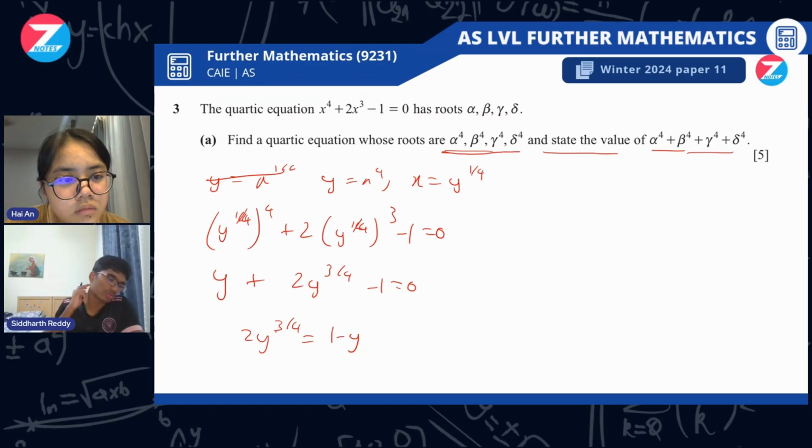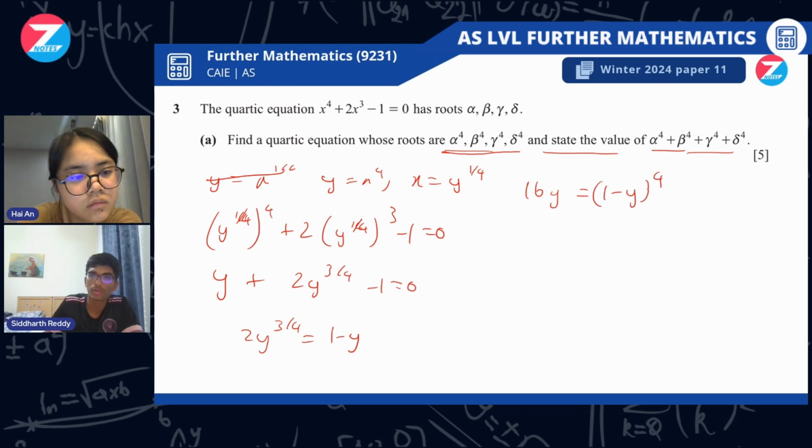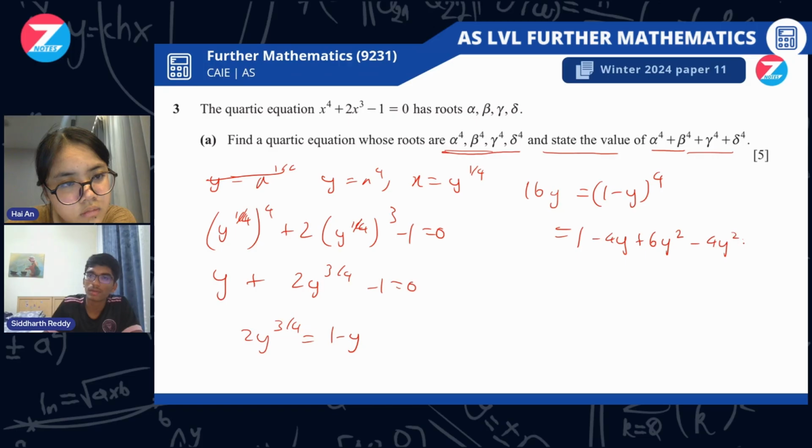Okay, so we can raise both sides to the power 4. So we are left with 2 to the power 4, 16, 16y cubed is equal to 1 minus y to the power 4. It's just 1 minus 4y plus 6y square minus 4y cubed plus y to the power 4.